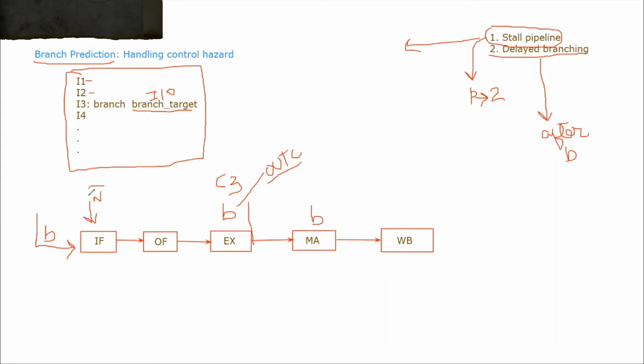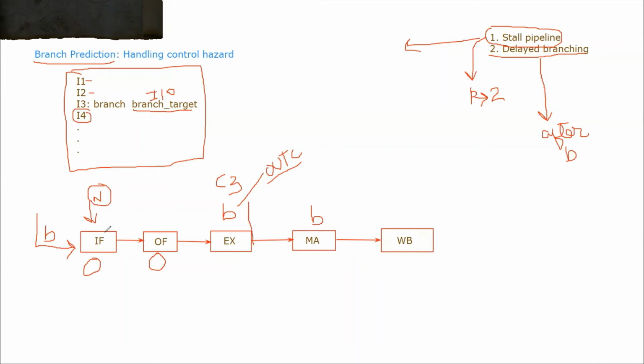This new instruction will be the branch target if the branch is taken. However, it will be the next instruction if the branch is not taken. So whenever a branch is fetched, for the next two cycles we are freezing the instruction fetch stage.